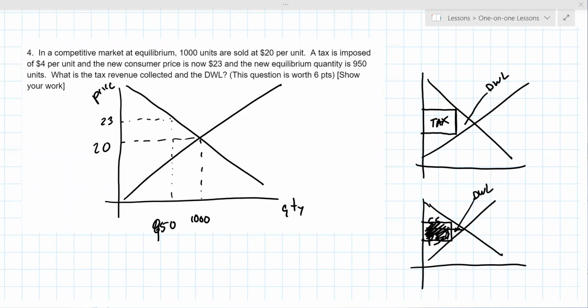Nevertheless, for the tax revenue that's collected, my understanding is that we're trying to just find the areas of these rectangles. Sadly, I'm not that confident in my work here. I definitely want to check this with an online resource and see if we're moving down the right road.